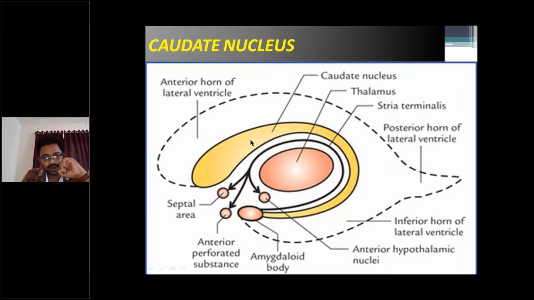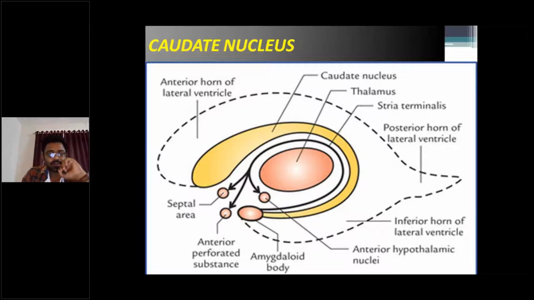The parts: the head is in front of the interventricular foramen. The head extends backwards to form the body. The body continues as the tail. The terminal part of the tail contains a mass of gray matter called the amygdaloid body.